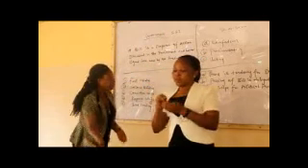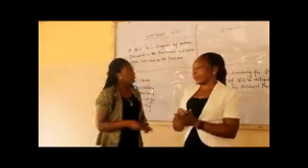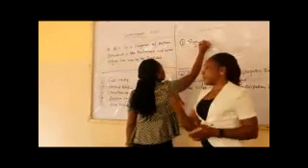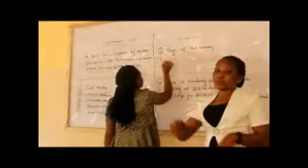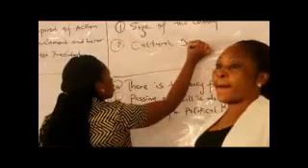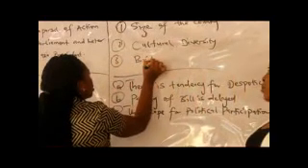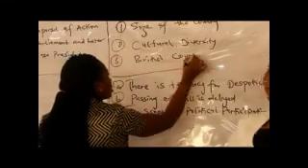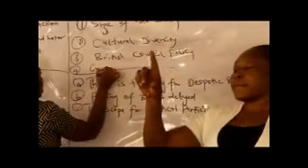Size of the country, 1. 2, cultural diversity. 3, British Council policy. And then 4, government at the grassroots.